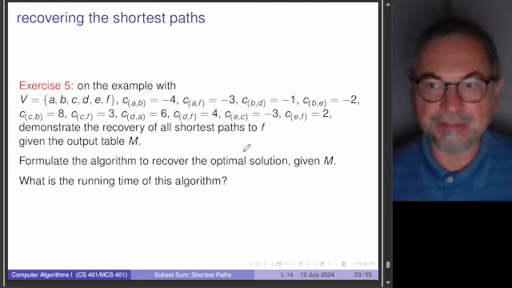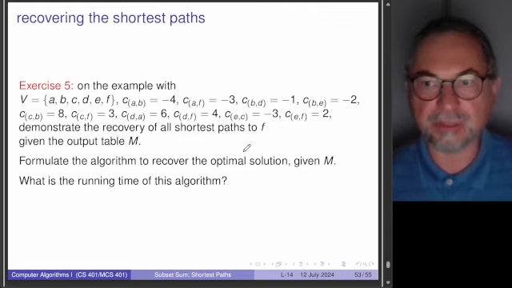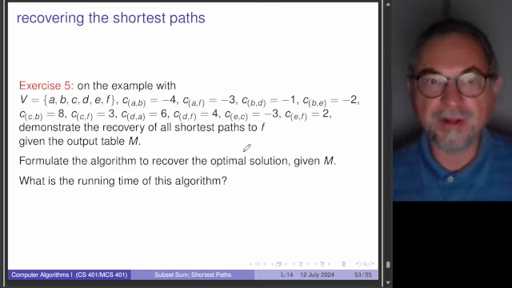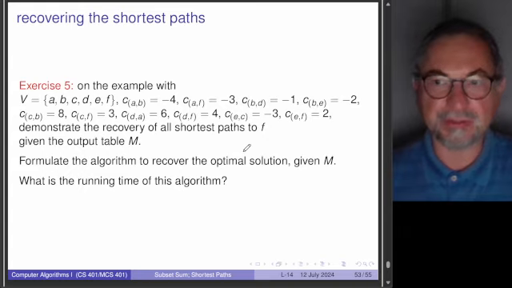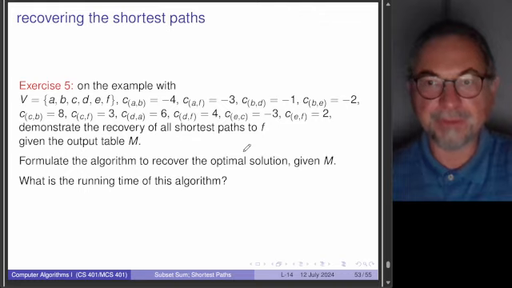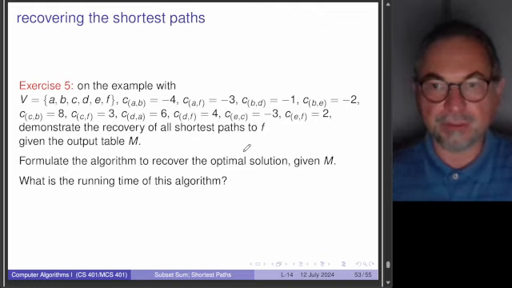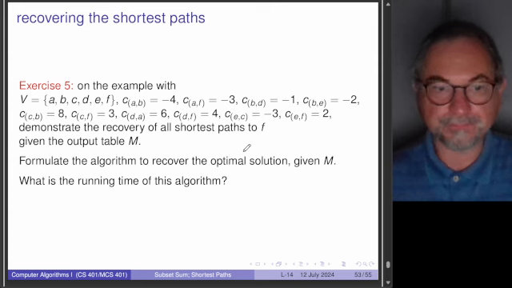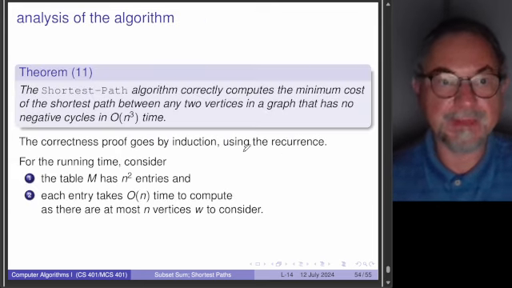But the algorithm actually needs to know more for the optimal path. So this is another question you could ask. The original question was to compute the shortest path from a source to a target vertex, but you actually compute a lot more because you need a lot more. But the algorithm is still efficient.